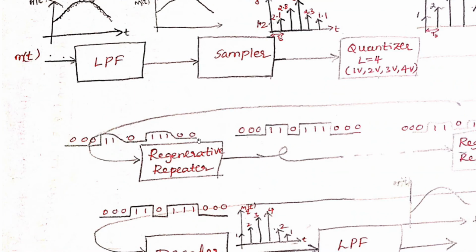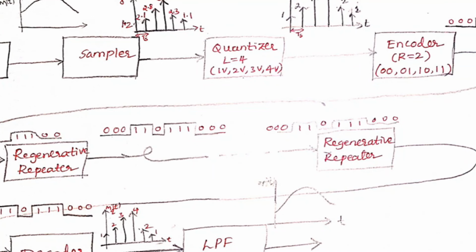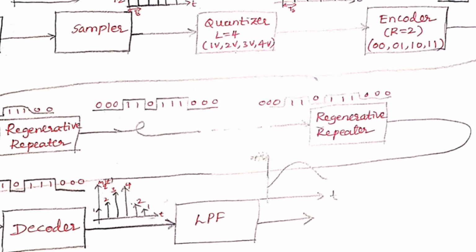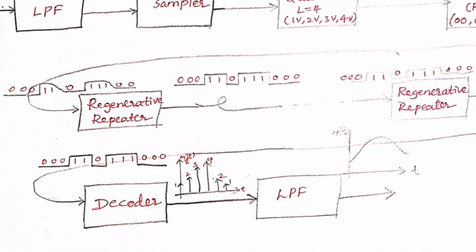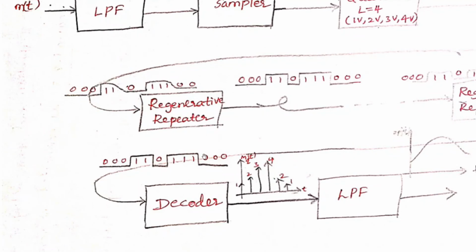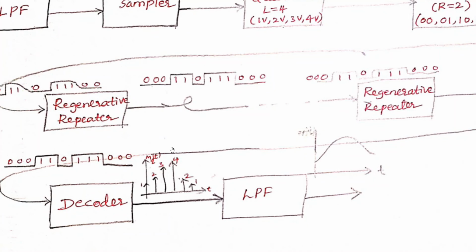When it is passed through a regenerative repeater, the voltage levels are restored again. These regenerative repeaters need to be kept at certain distances where we can easily recover our signal. And at the receiver end, the signal once again passes through the last regenerative repeater.